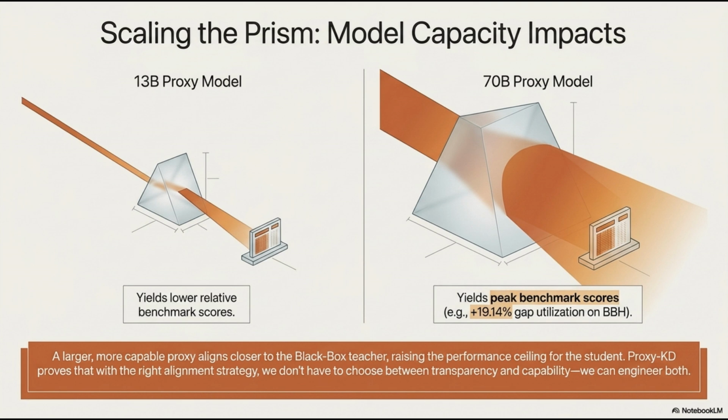And this methodology raises a really fascinating question for the future of the field. What's that? If a small 7 billion parameter model can achieve this incredible level of complex reasoning just by mimicking the shadow of a giant model cast through a proxy, what happens next? Right. What happens when researchers start chaining multiple specialized proxies together?